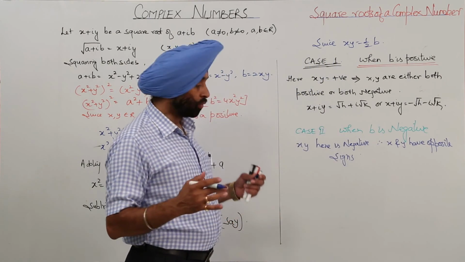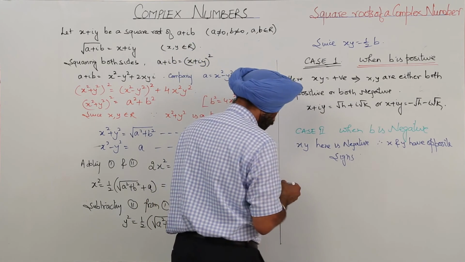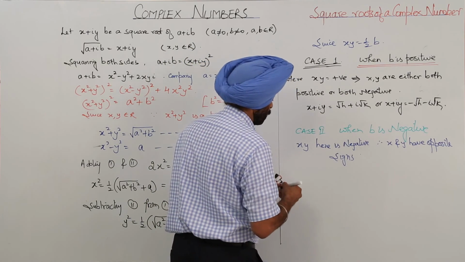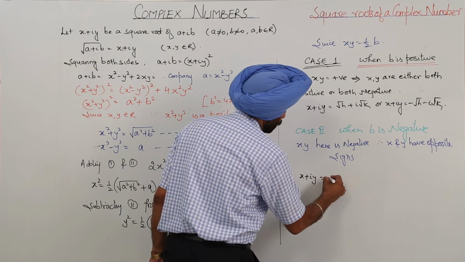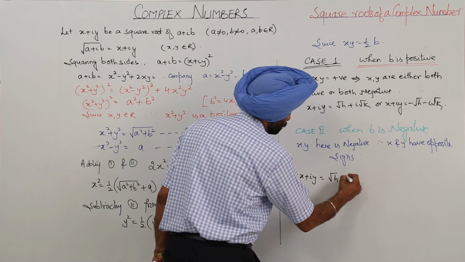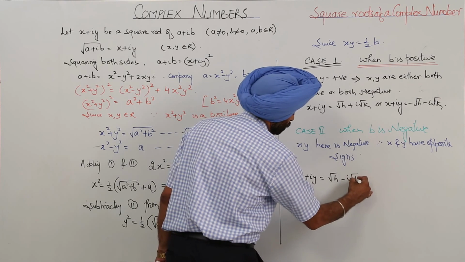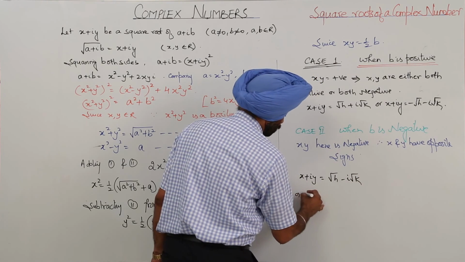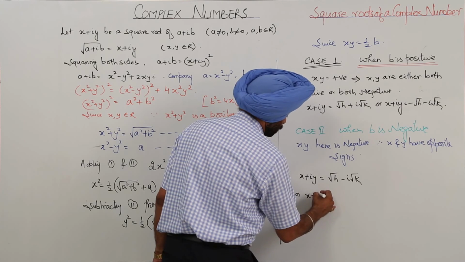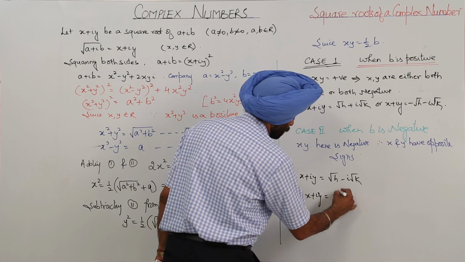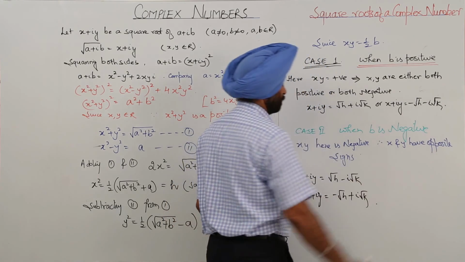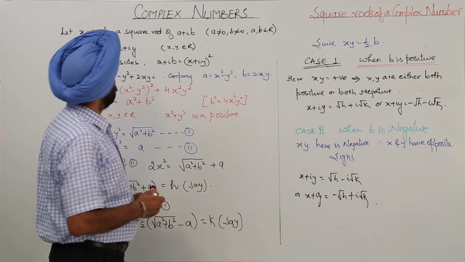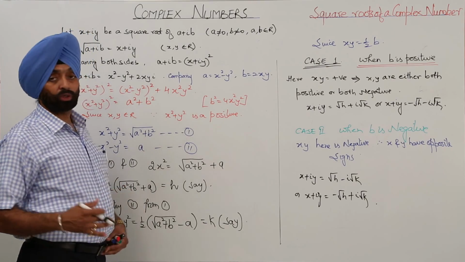Is it clear? So, what will the answers be now? We will have x plus iota y is equal to square root of h minus iota square root of k, or x plus iota y equal to negative of root h plus iota root k. So, this is the derivation for the square root of a complex number.